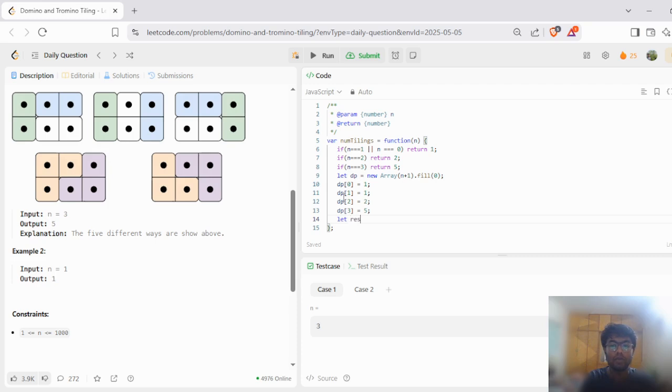For the dominoes based recursive formula, we can say n minus 1 plus dp of n minus 2, and for the dominoes then we can have.